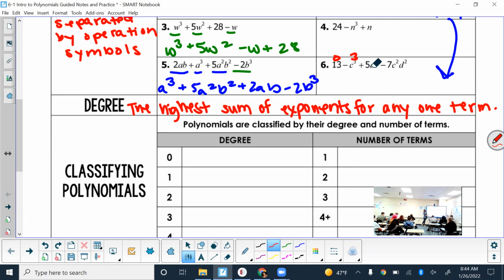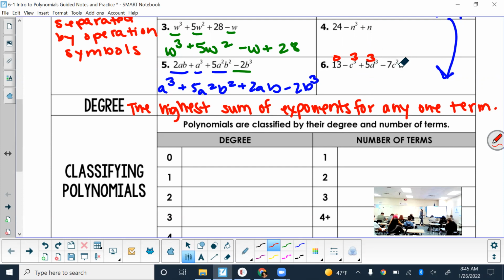On the third term, 5b cubed, what would the degree be? 3. So it's the sum of the exponents on that term. And that one just has d cubed, so 3.